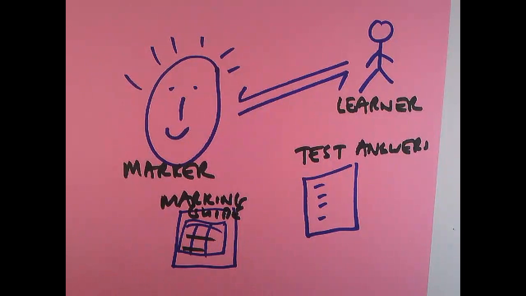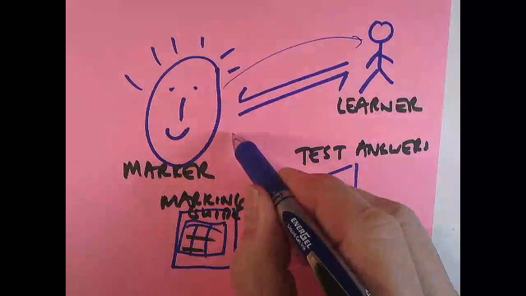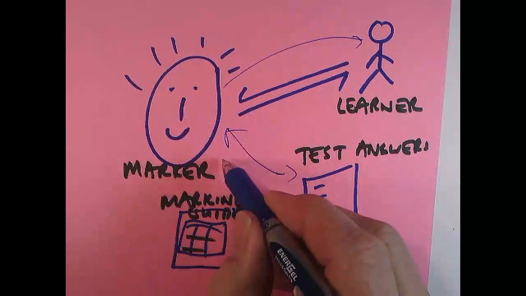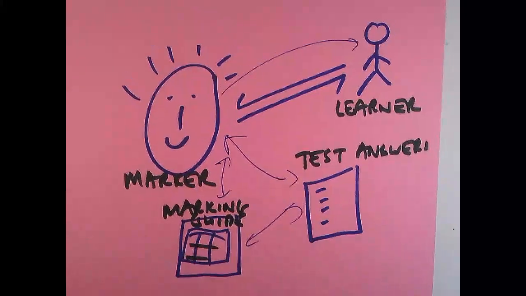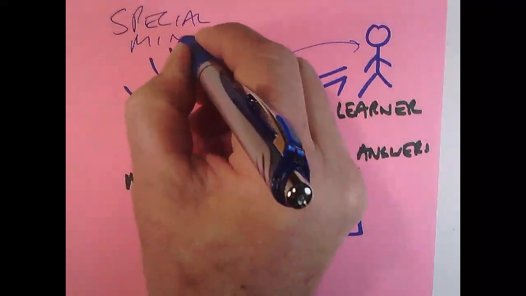So this is a complex matter where you are aware of the learner and you're interacting with the test results, the answers, and so on. You need to put yourself in a special mindset.